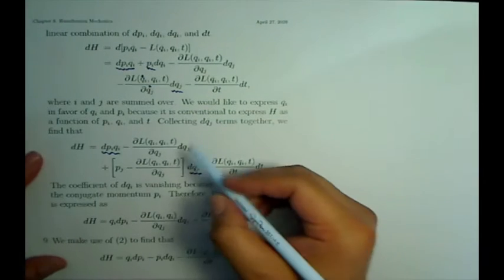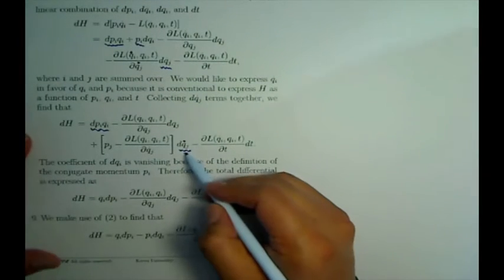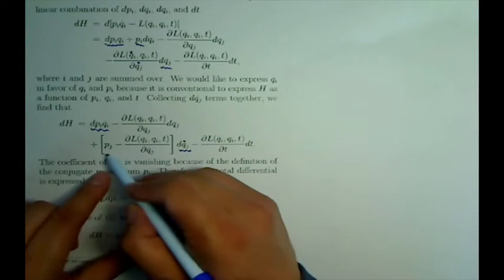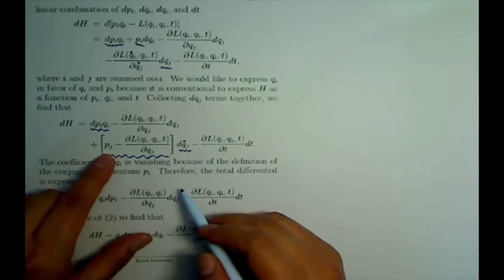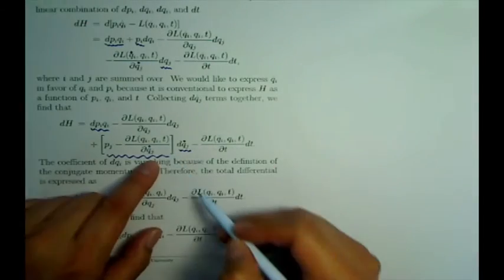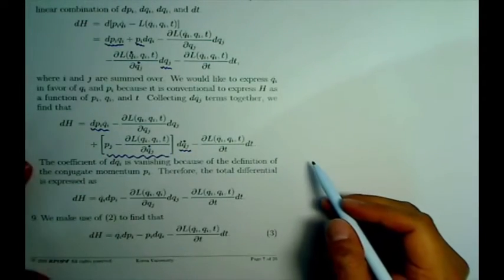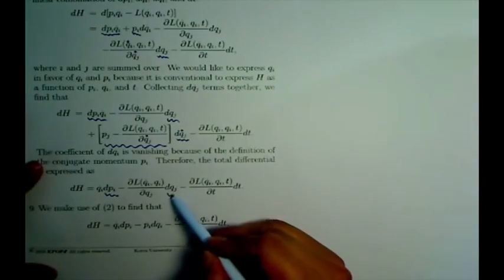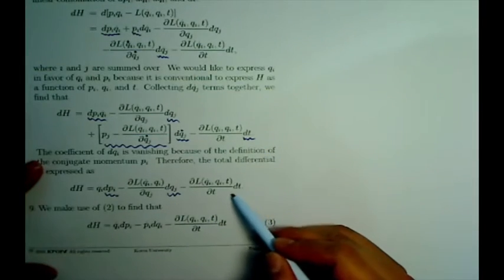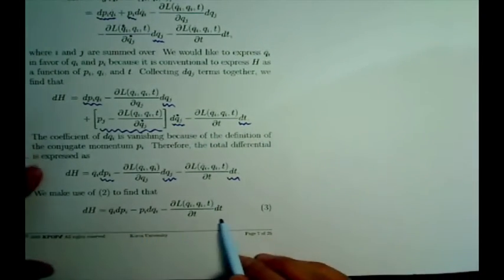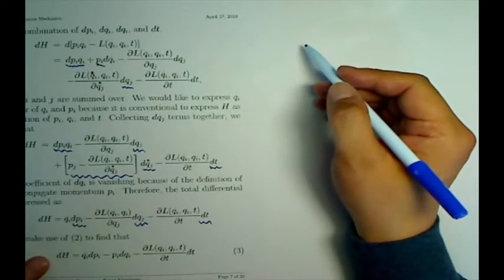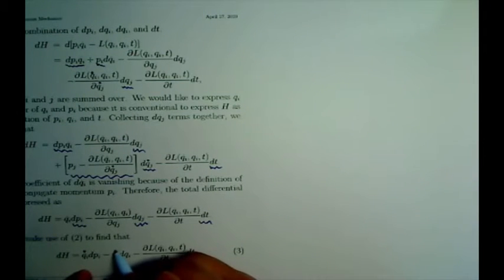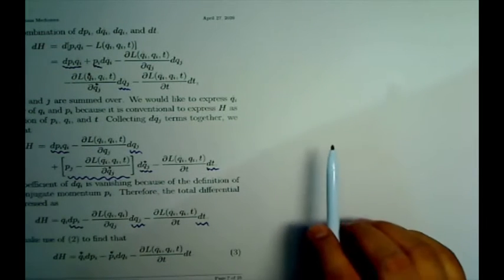The total differential dqj has the factor. This by definition cancels. This pj is the conjugate momentum, and this is exactly the same. The only contribution appears in p and q and dt. From this equation, we can read off this q dot and p dot. Okay, let us discuss later.